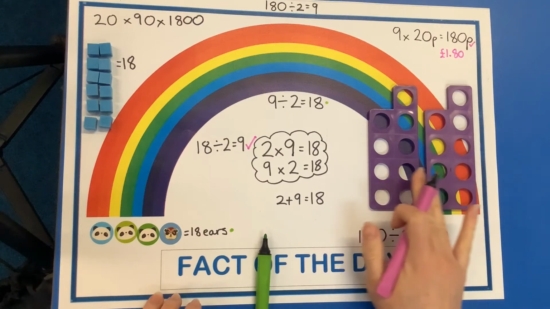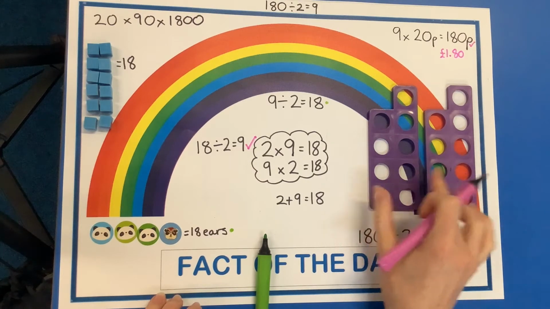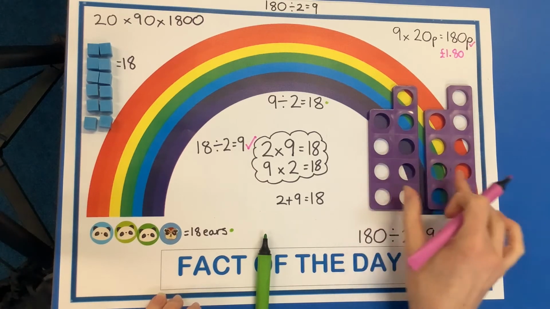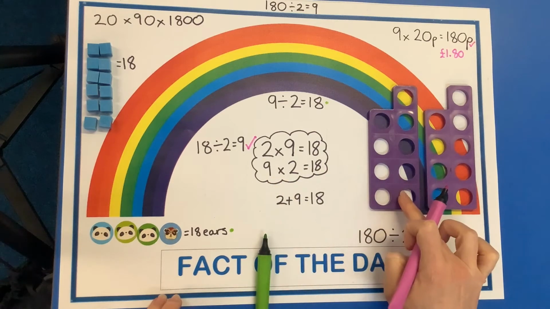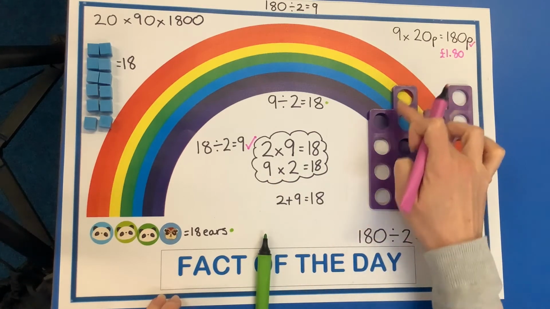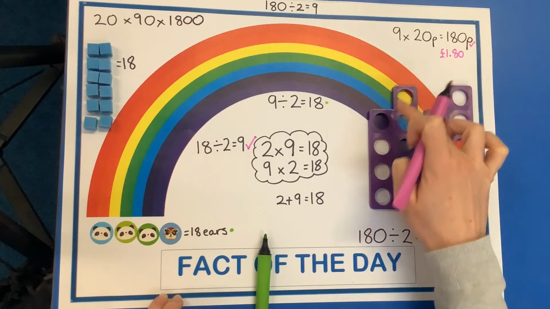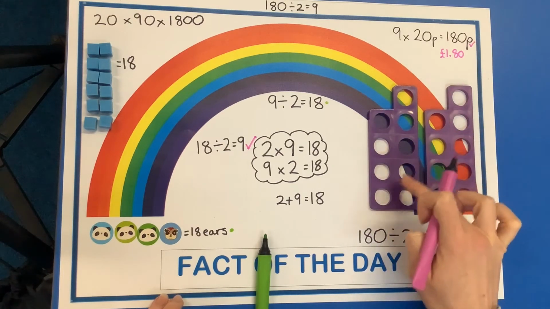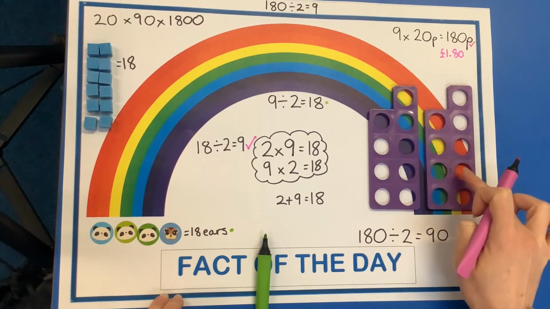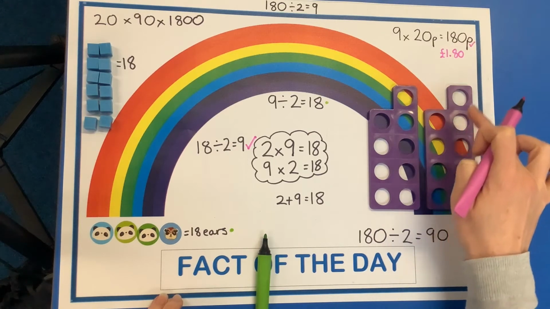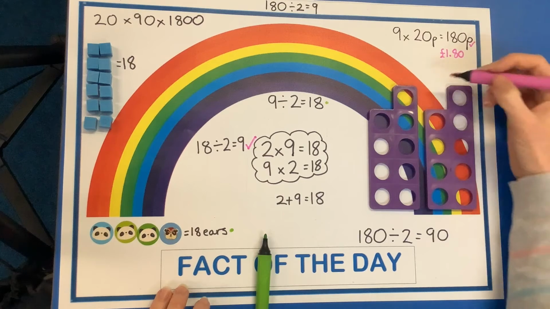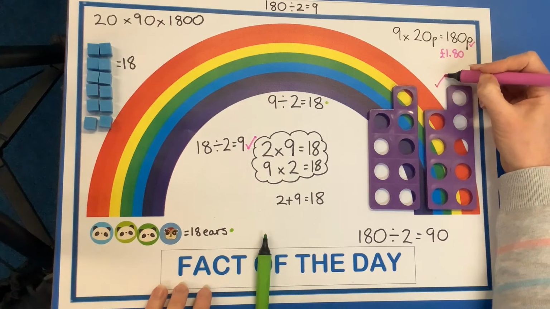Now, what about this fact? 9 and another 9. So it's 9 multiplied by 2 and it equals 18. 1, 2, 3, 4, 5, 6, 7. Oh, sorry, I'll start that again. 1, 2, 3, 4, 5, 6, 7, 8, 9, 10, 11, 12, 13, 14, 15, 16, 17, 18. So these are showing us a truth.